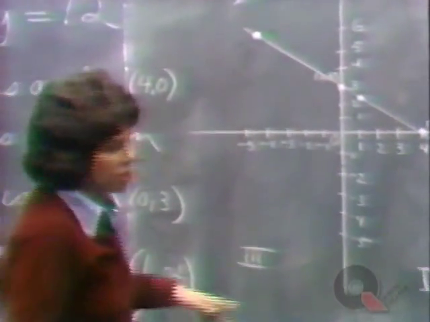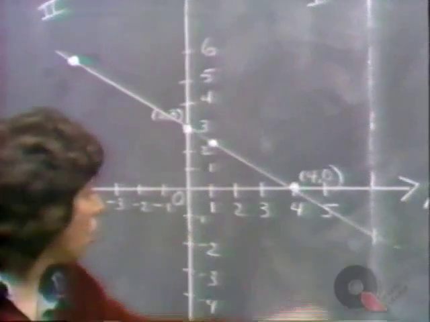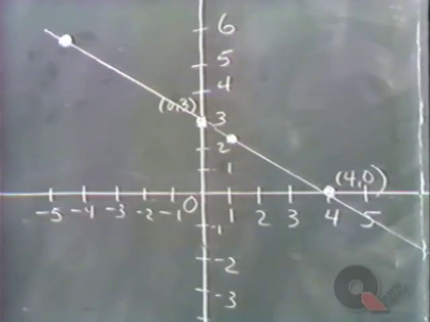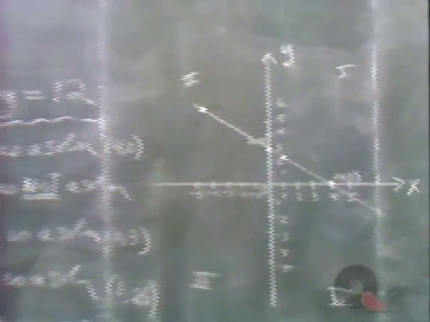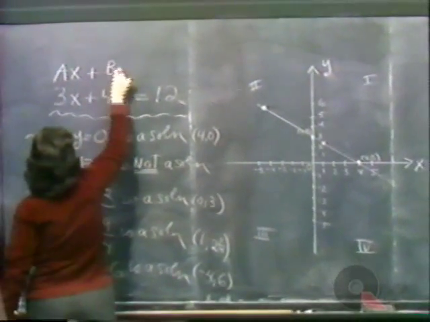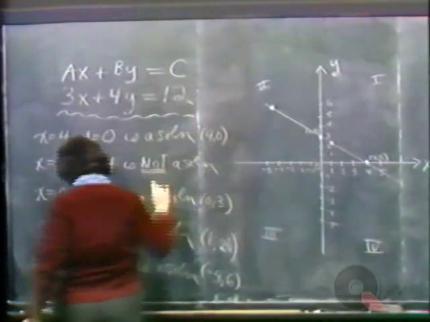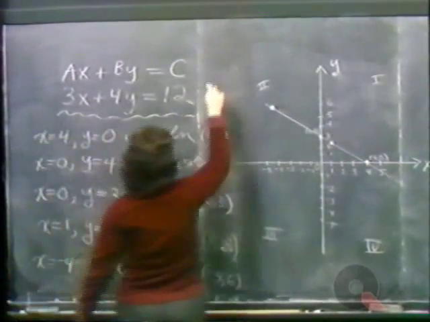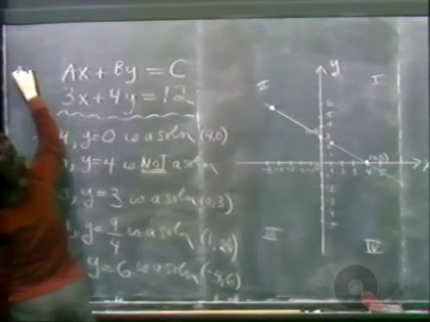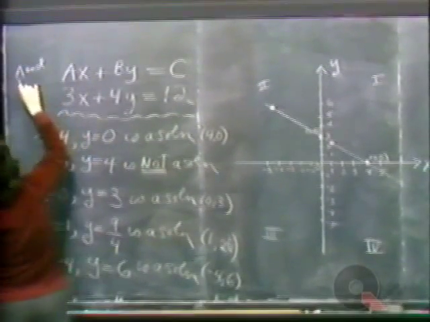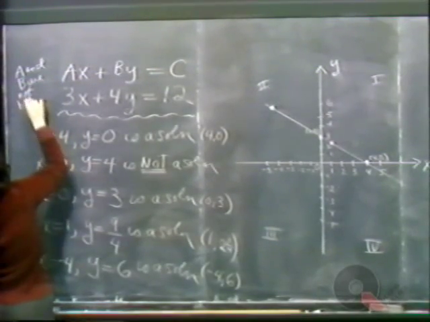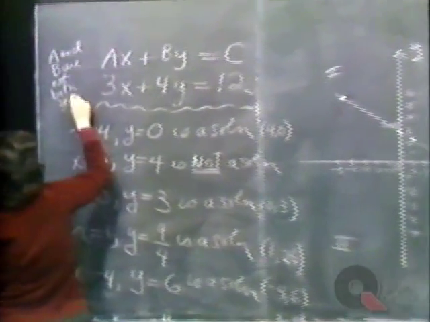Now this is not a coincidence. When you are trying to graph an equation of this form, by this form I mean something like ax plus by equals c, a, b, and c represent constants. A and b are not both 0.